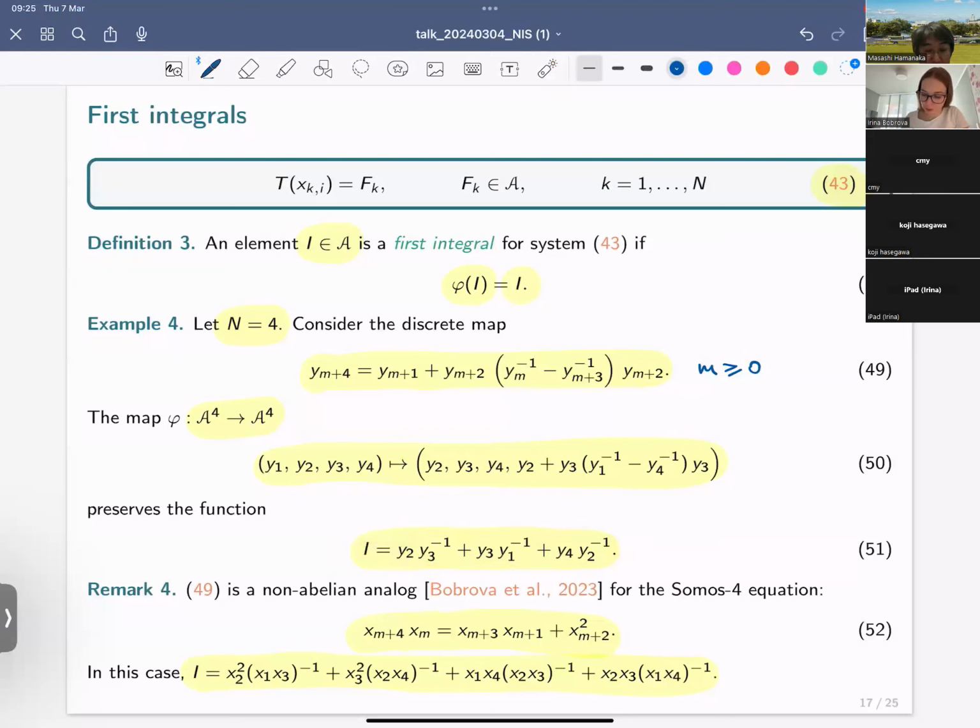We have for this non-abelian Somos 4 equation two matrices L sub m and M sub m. Then let us define the determinant of a matrix A, that is just a 2 by 2 matrix, as follows: A11, A22 minus A12, A21.